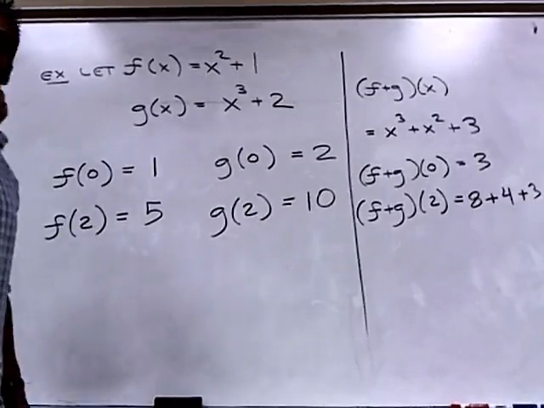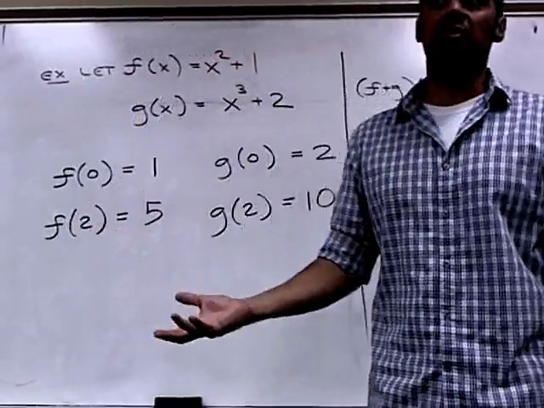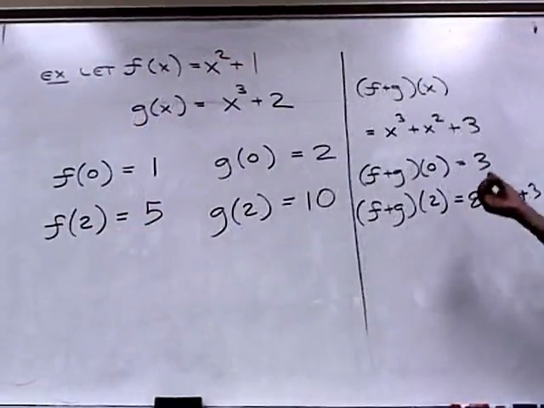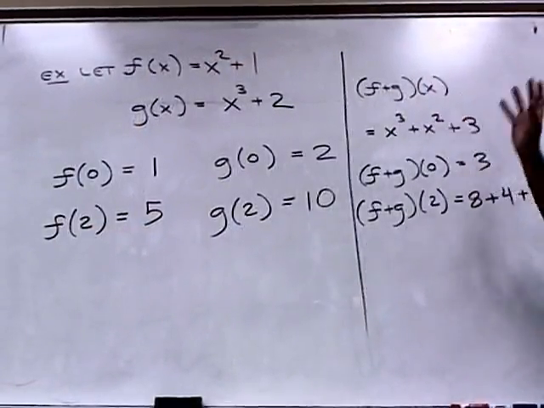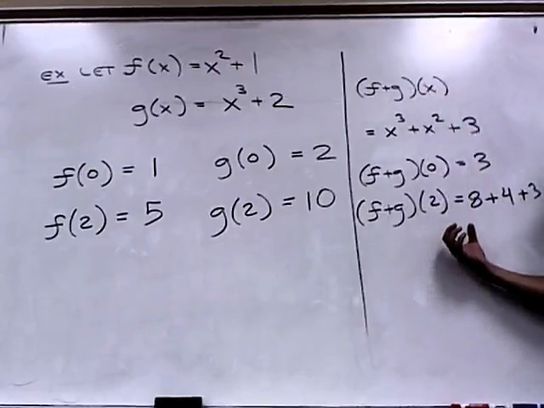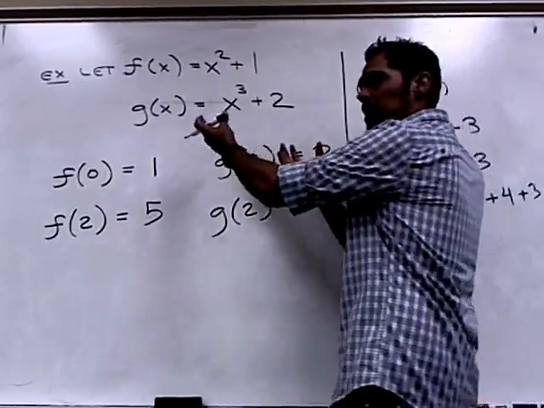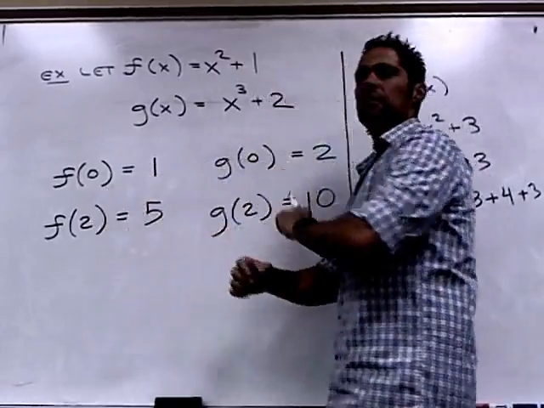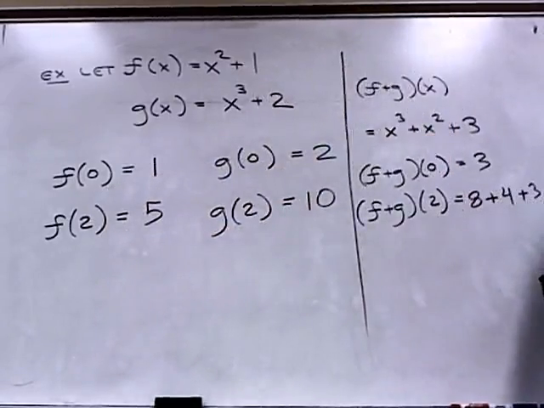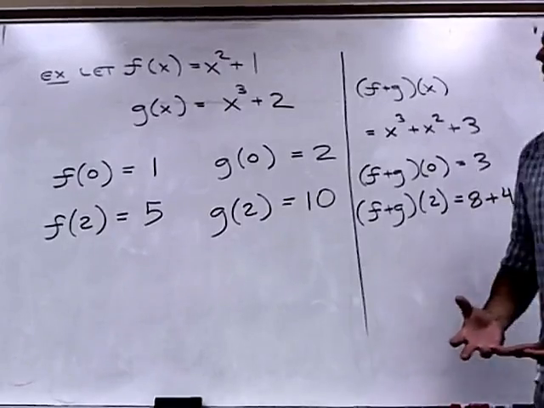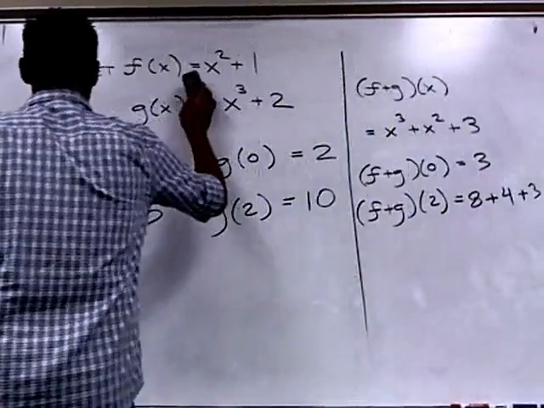The same thing happens with division. The same thing would have happened with subtraction. When you add, subtract, multiply, or divide, you create a new function that does the work independently and then puts the answer together for you all in one step. Make sense? Okay. Now let's talk about composition.